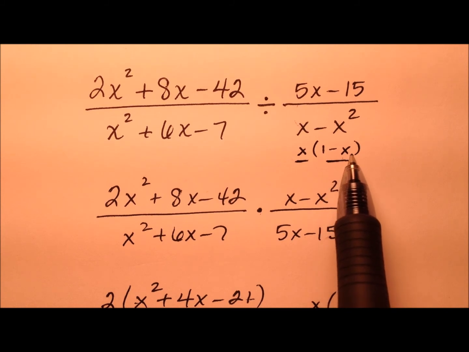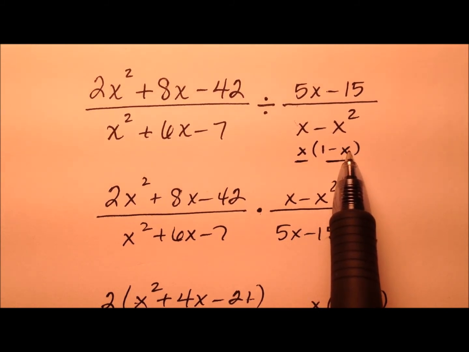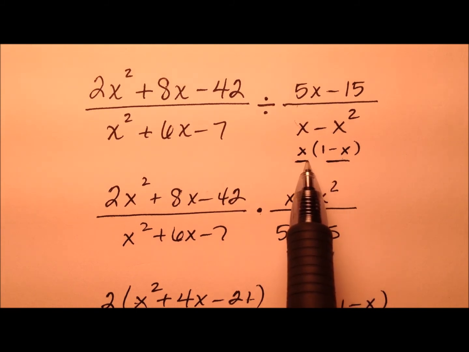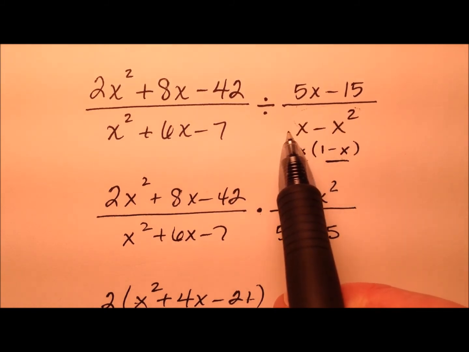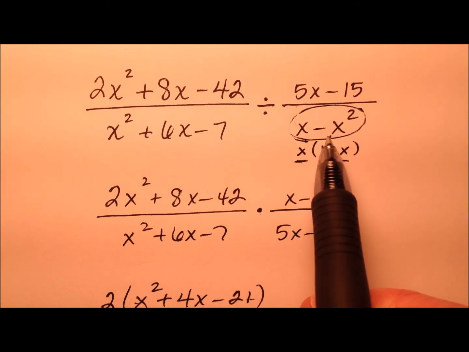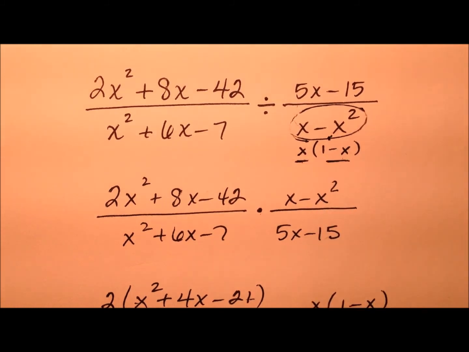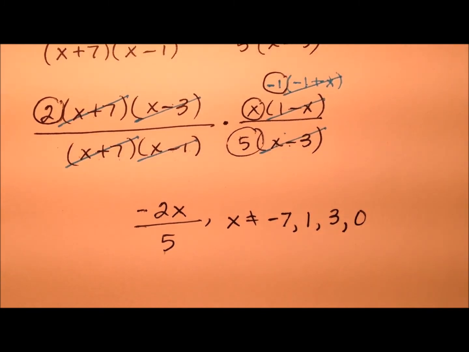We already excluded the 1 from the domain because 1 minus 1 is 0. But what we didn't exclude yet was if x itself equaled 0. Looking at this rational expression, if x was 0, I would end up with 0 in the denominator. So that means we also need to take into consideration that x cannot be 0.